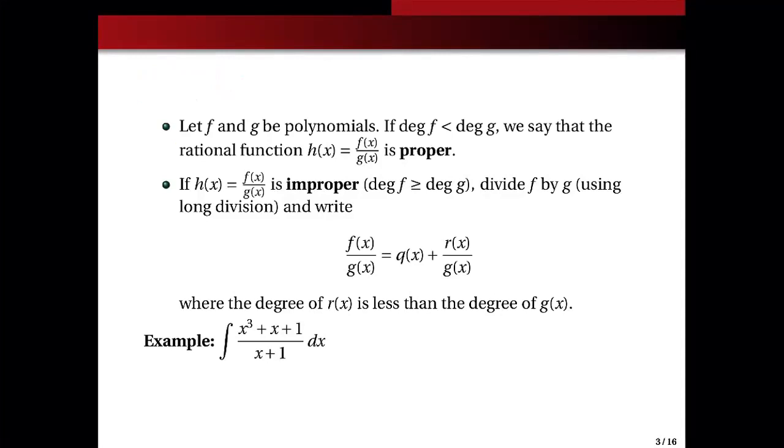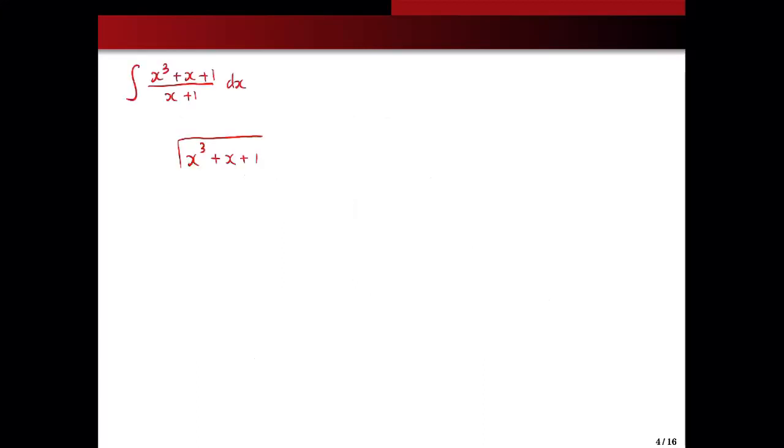You get a polynomial. It could be constant. Take note of that. Polynomials include constants. So you get a polynomial plus a rational function which is now proper: the degree of the numerator is less than the degree of the denominator.